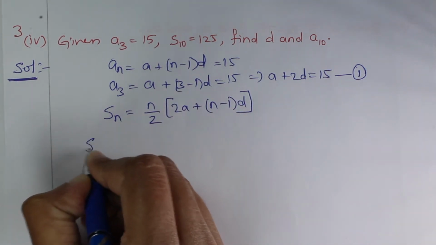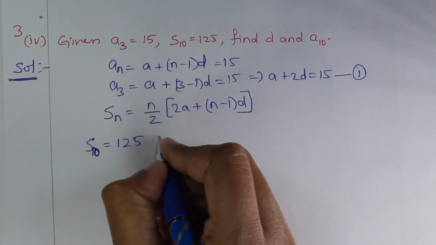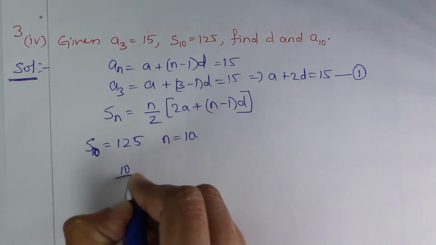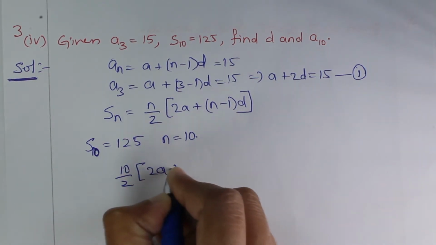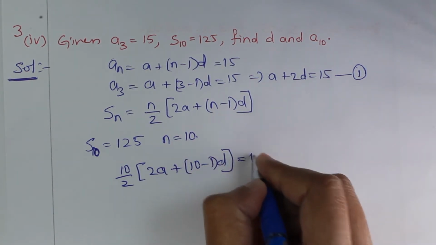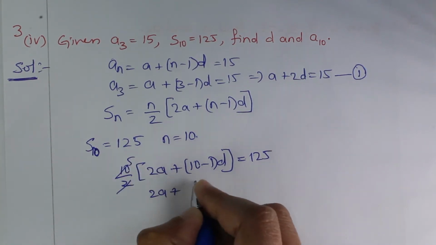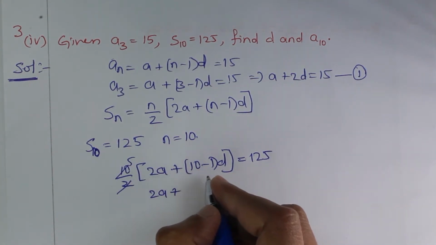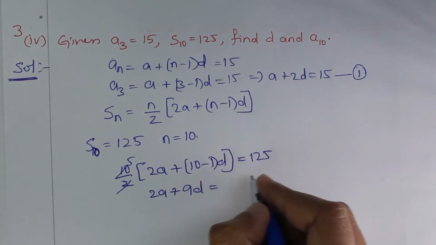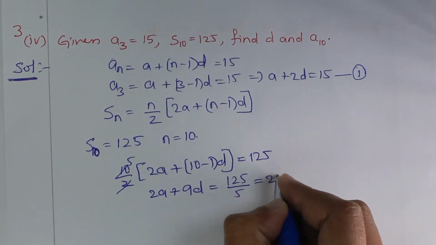So here S10 is equal to 125, n is equal to 10. So 10 by 2 into 2a plus 10 minus 1 into d is equal to 125. 2 fives are 10, so 5 into 2a plus 10 minus 1, which is 9d, is equal to 125. 2a plus 9d is equal to 125 by 5, that is equal to 25.